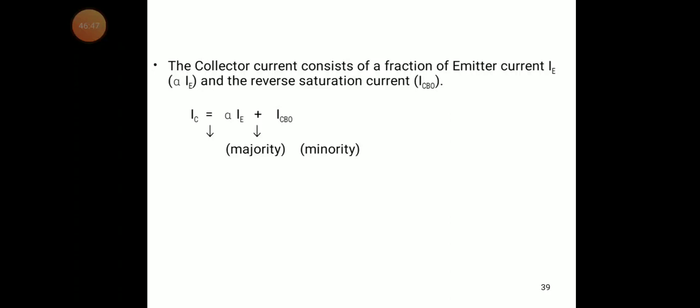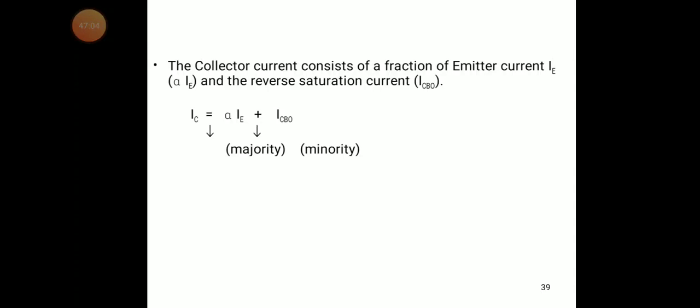So that's why it is called bipolar. And since we have the junctions, it is called a bipolar junction transistor, BJT.